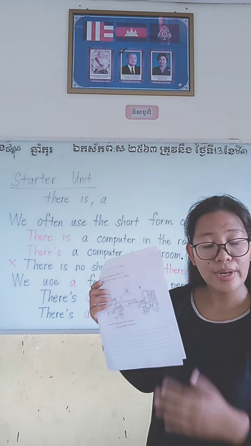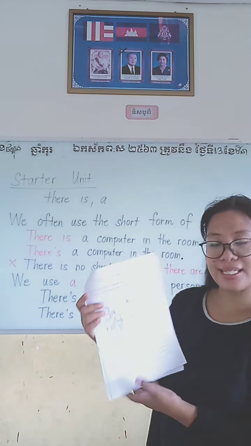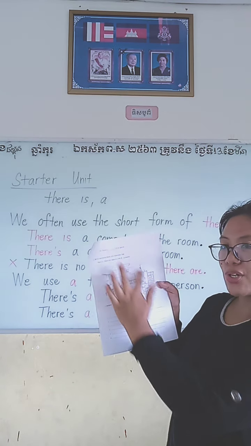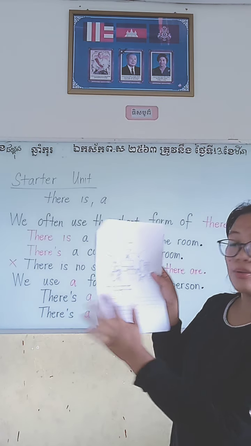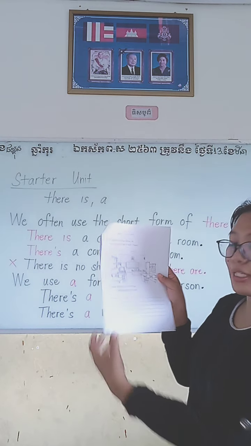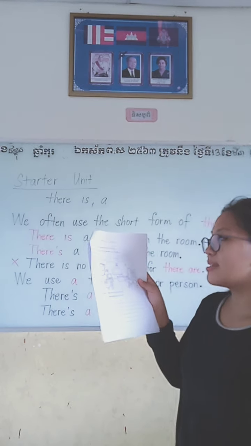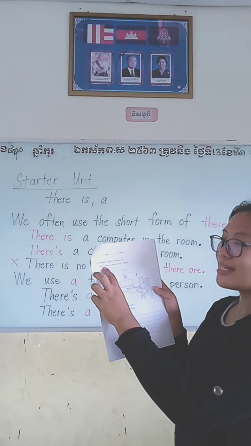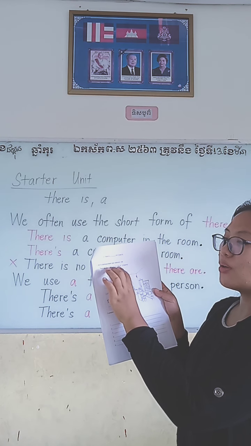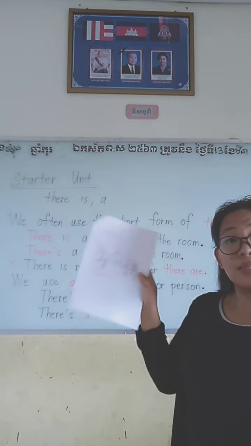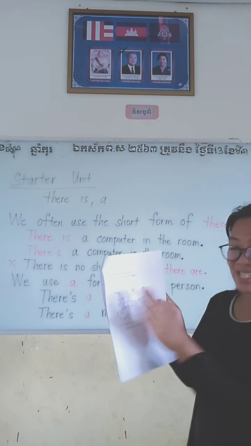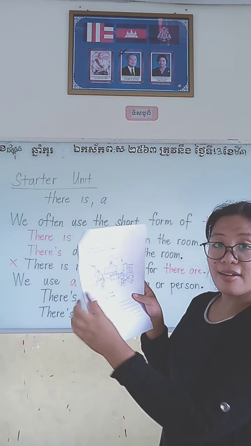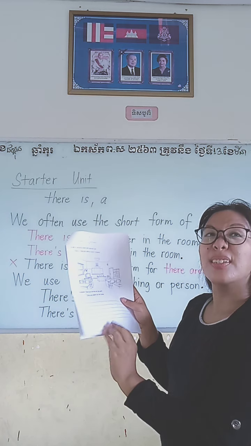I know we're not inside the classroom, but at least there is a picture here. Examples are here. You only need to write 6 sentences. You can use there is, there are, some, or a lot of. It depends. And there are examples here also.